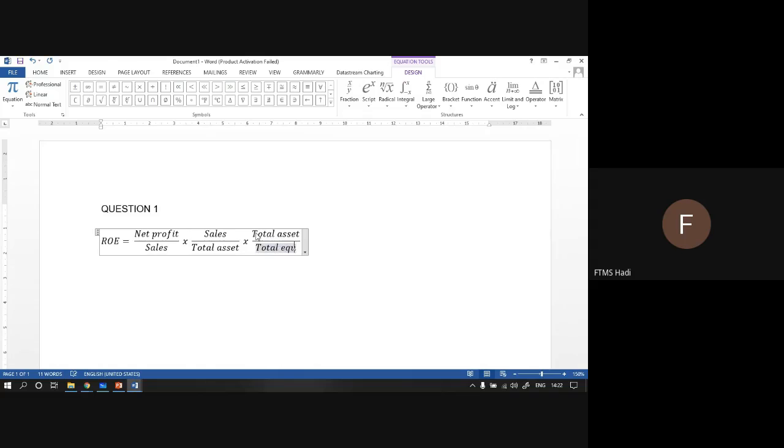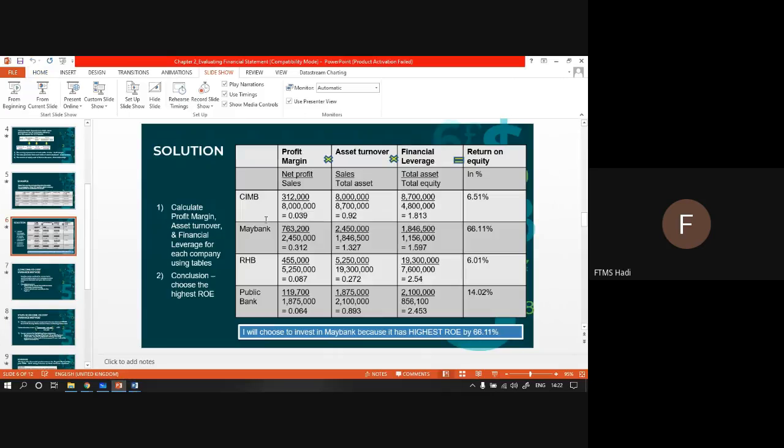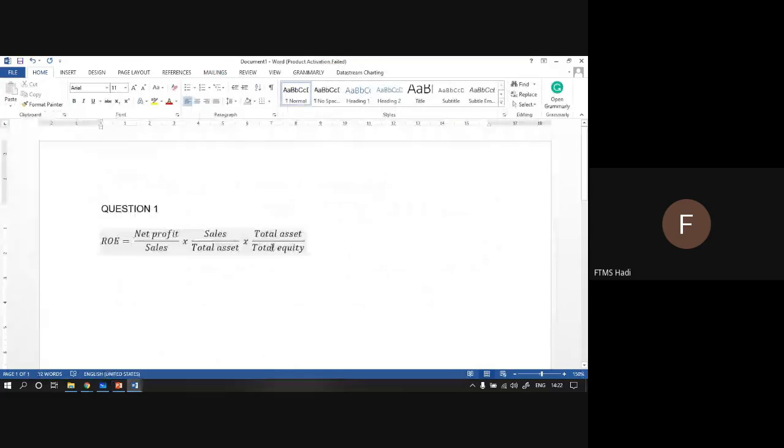So this is the original formula, and you will use this formula for all those elements, for all 3. You don't have to write 3 same formulas, you just put one for all.